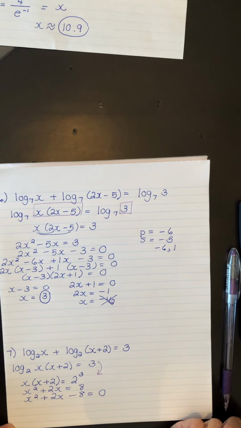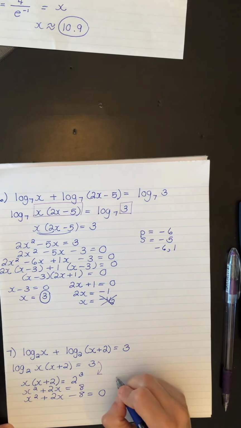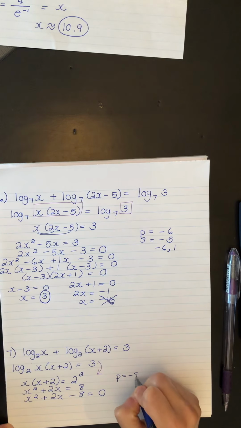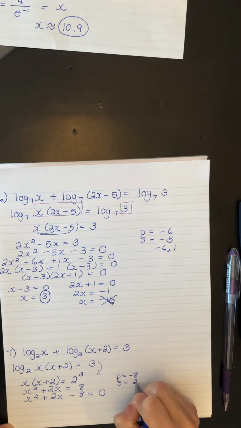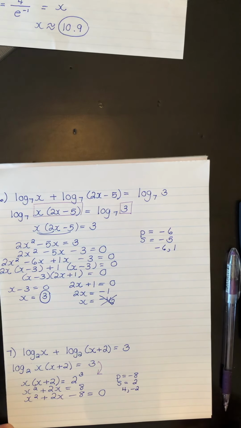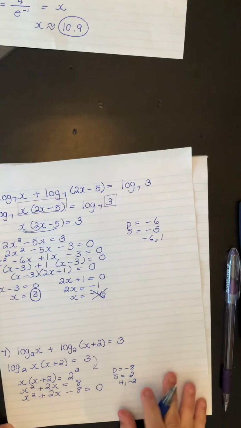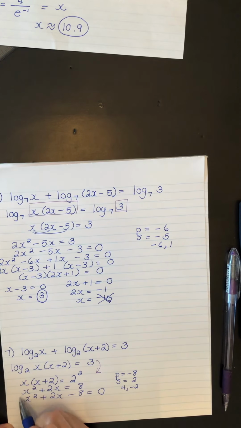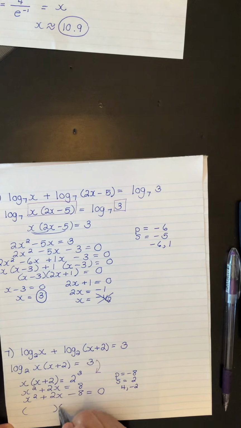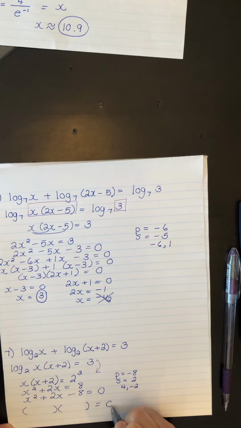This is also factorable. Product of -8, sum of 2. This means the numbers are 4 and -2. Since it's got a leading coefficient of 1, this is 1x squared. If we like, we can use the shortcut in our factoring.